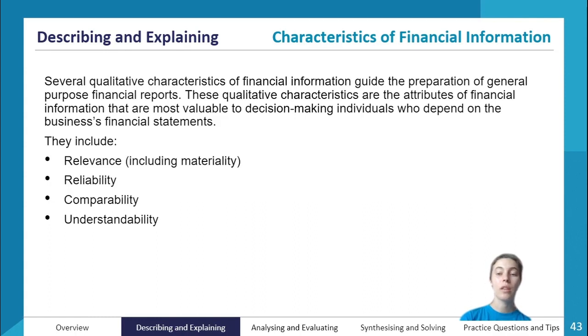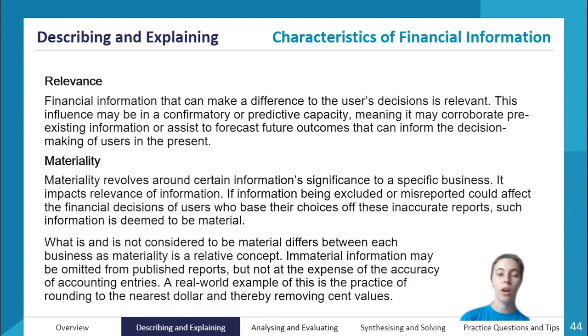So these are the attributes of financial information that are most valuable to decision-making individuals who depend on the business's financial statements to make those decisions. So we've got relevance, including materiality, which is what we just saw then, reliability, comparability, and understandability. So let's go through each of these in turn.